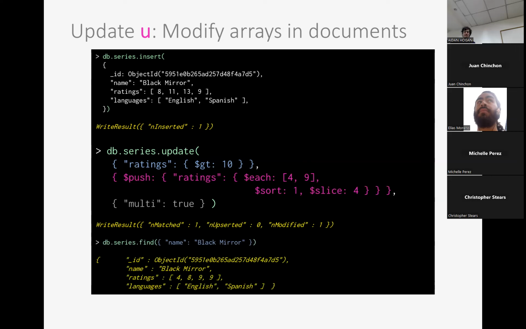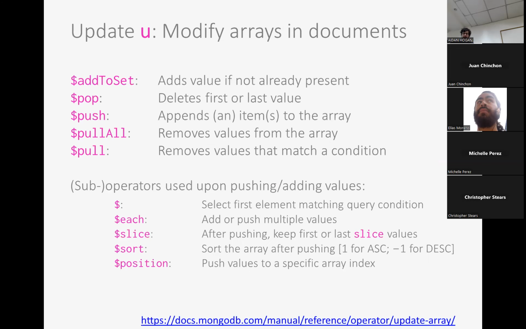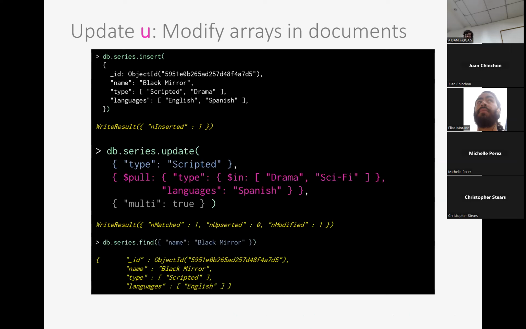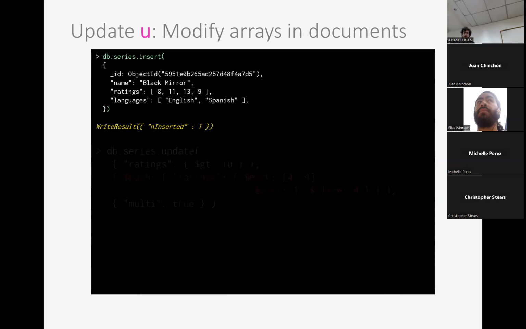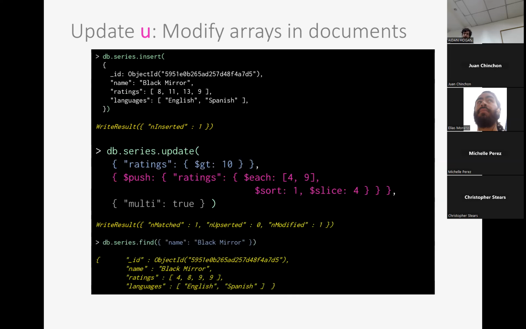So with push, we can have duplicates. Just to mention, if we already had something and we wanted to avoid adding it again, we can use the add to set function rather than push. So add to set means that if it already exists, don't add it. So we wouldn't add 9 again if we used add to set rather than push.